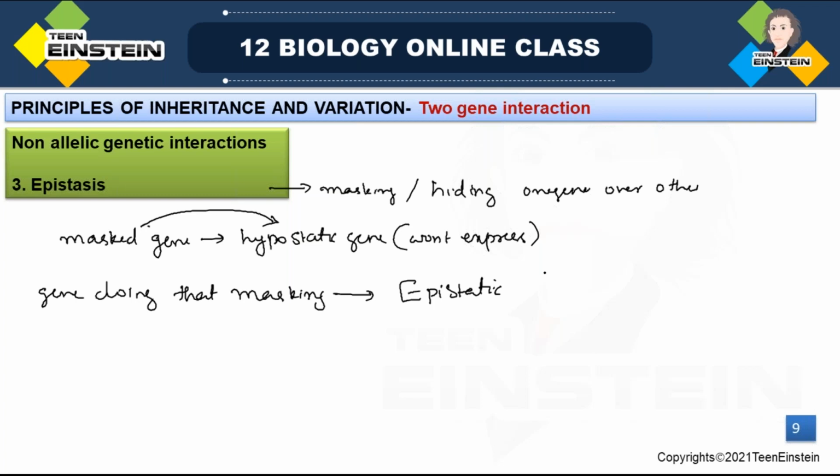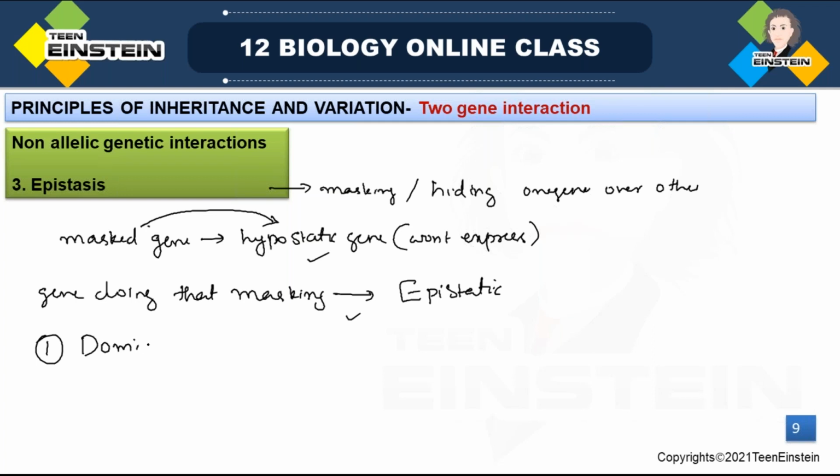Here one gene or gene pair prevents the expression of the other, non-allelic gene. The gene which produces that effect is called the epistatic gene, and the suppressed one is called the hypostatic gene.